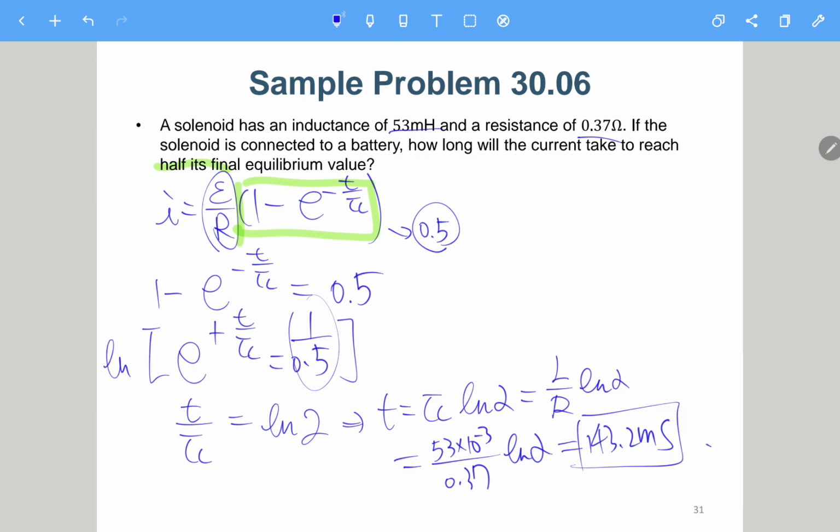Sorry, 143 is this value, so multiply by natural log of 2, which should be 0.1 second or 100 millisecond. Okay, it should be like this.